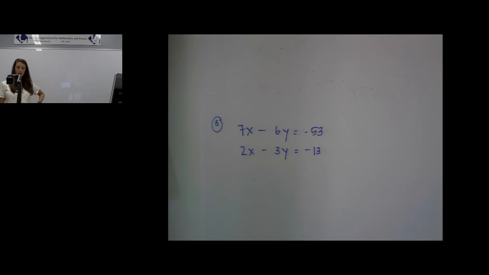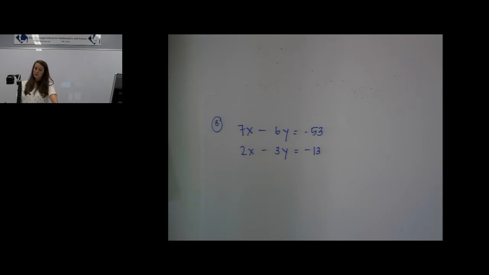All right, let's look here at one where we have to do some multiplying. Here I've got 7x minus 6y is equal to negative 53, and 2x minus 3y is equal to negative 13.